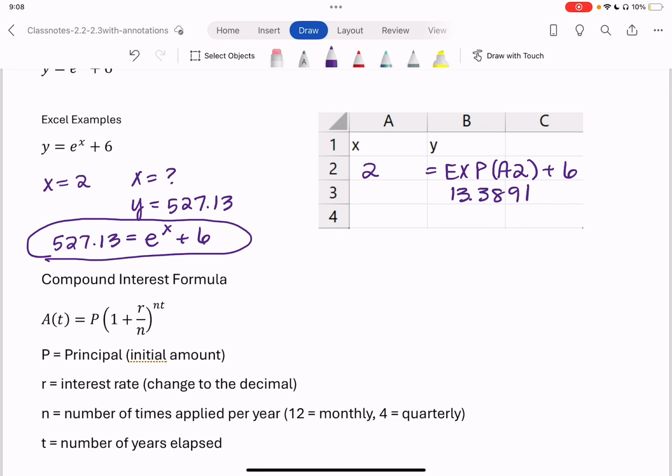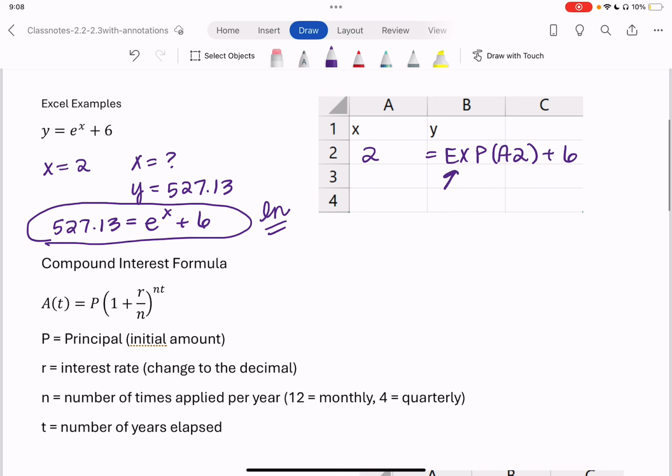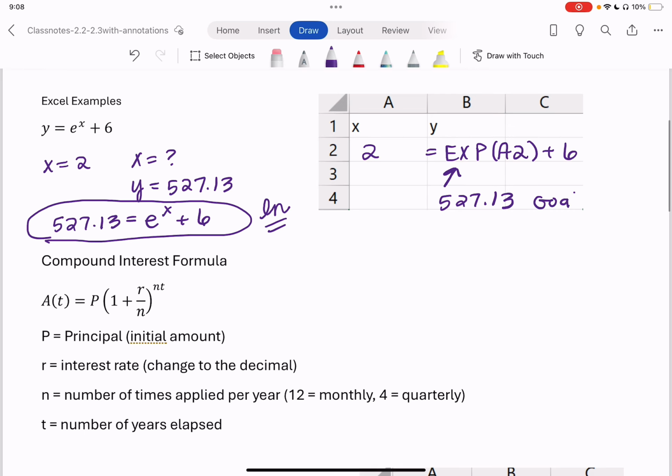If we were to solve this algebraically, we would have to use our natural log function. You have probably done that in a previous class, but we're just going to use goal seek. The formula is in that cell, you drop that 527.13 in the box, and then you do your goal seek to solve for that x value.